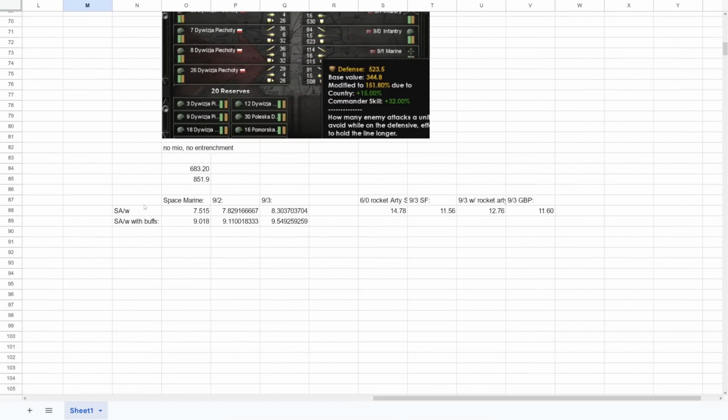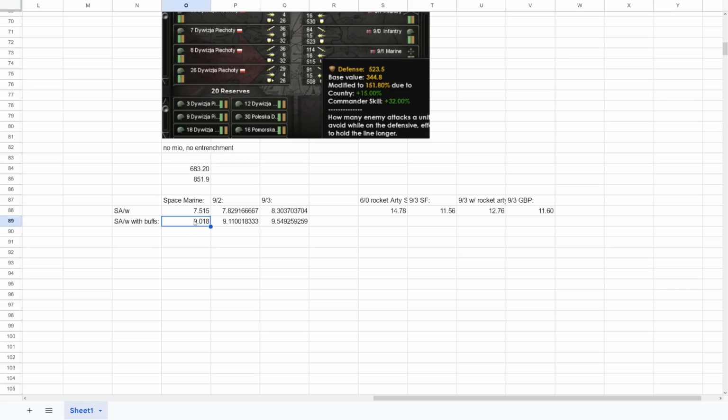So here I've created a lot of different examples of what you can do. We can first see here, I've made a very simple Space Marine, which is 9 infantry battalions and 1 medium tank, and compared it to the 9-2 and the 9-3, same template otherwise. You see the soft attack is really similar between the Space Marine and the 9-2, while it's slightly worse than the 9-3.